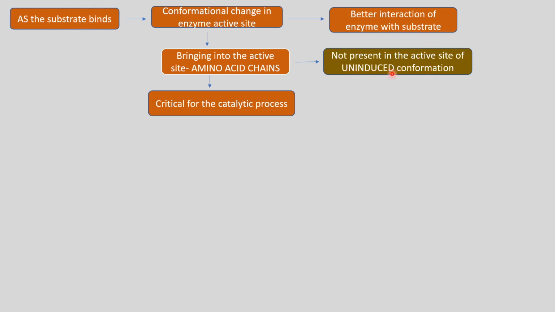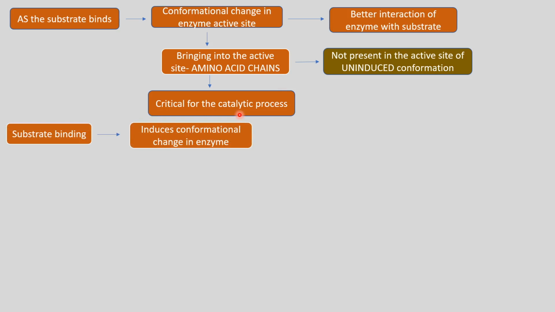By uninduced conformation I mean the conformation in the active site which has not changed, because the substrate has not bound to it, right? So in the uninduced enzyme's active site, these amino acid chains are not present near the active site. They have to be brought to the active site so that the catalytic process can take place.